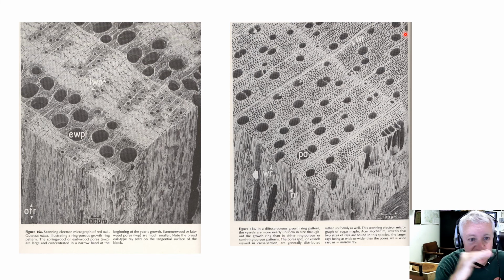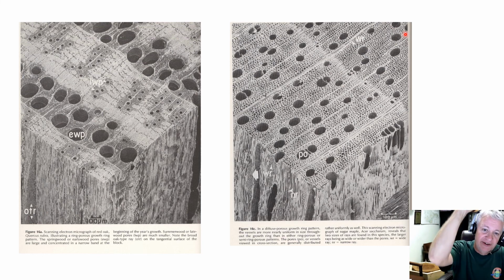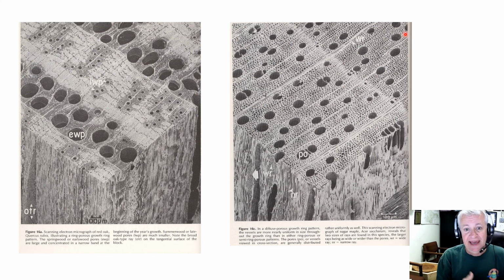So likely, even if in any particular cross section we don't see a ray cell touching a tracheid, if we went above or below that cross section, because those tracheids are so long, there's likely some point at which that tracheid encounters a ray cell. So there's also good support from the anatomical literature and images that likely living cells are there and available to assist in refilling cavitated conduits. So there's some good circumstantial evidence there.